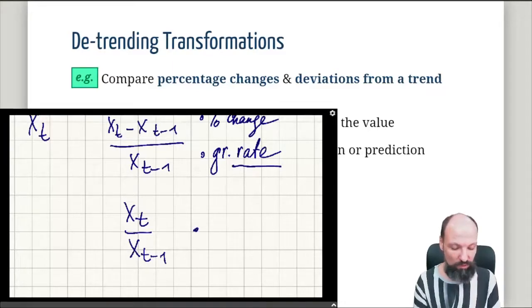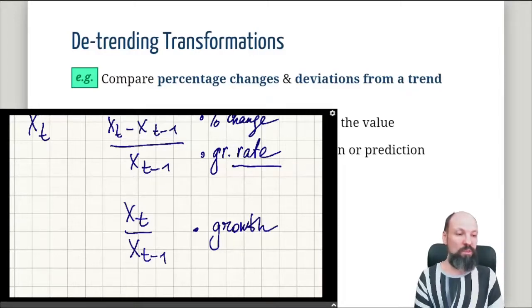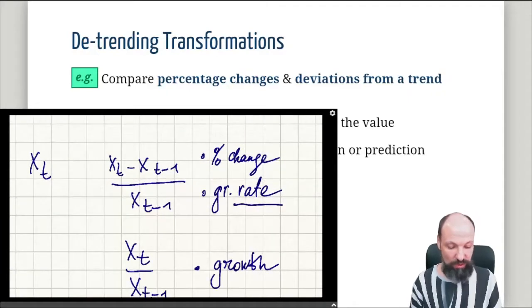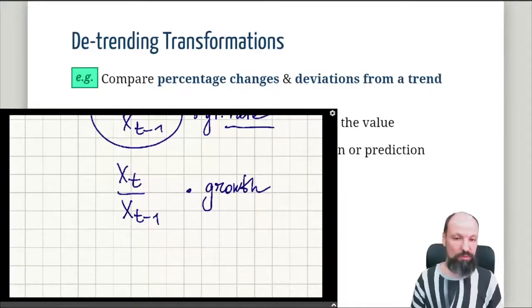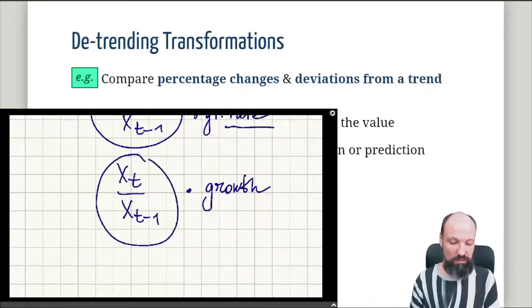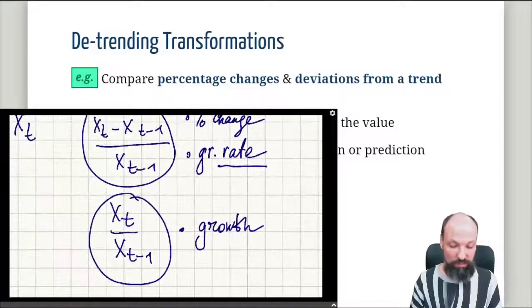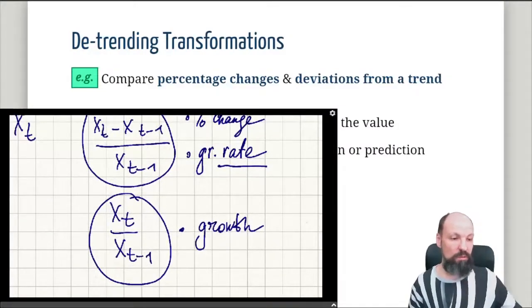This would be just growth, without rate. But when we say percentage change or growth rate, this is what we mean. Sometimes just growth, then this. Well, basically just subtract 1 from this and you will get the rate. It's quite easy.